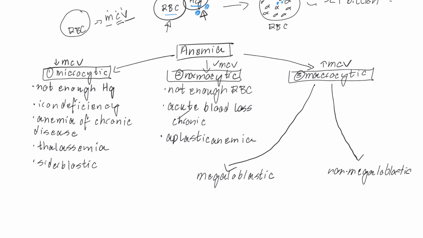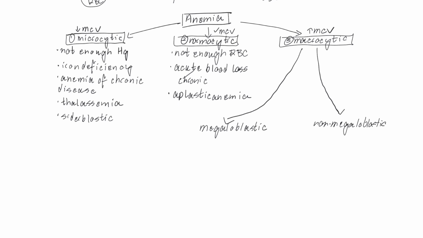So in megaloblastic anemia, the problem is a DNA problem, and the cells can't divide properly. The red blood cells cannot divide properly. So you end up with large, immature red blood cells that don't work properly.